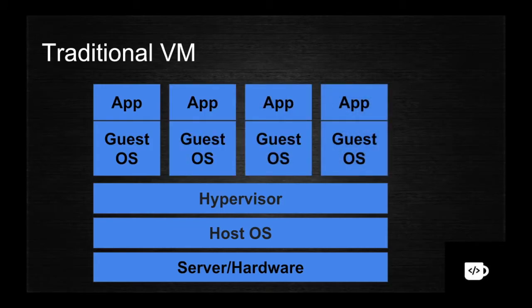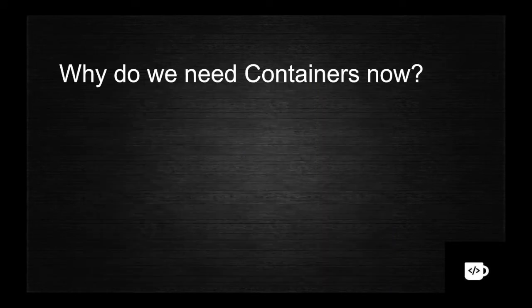This basically allowed us to segment a particular server into different machines, called virtual machines. You create a VM inside a hypervisor, this VM is specific to an application, and you can install any OS in that particular VM. So this is how we were doing traditional VM management.